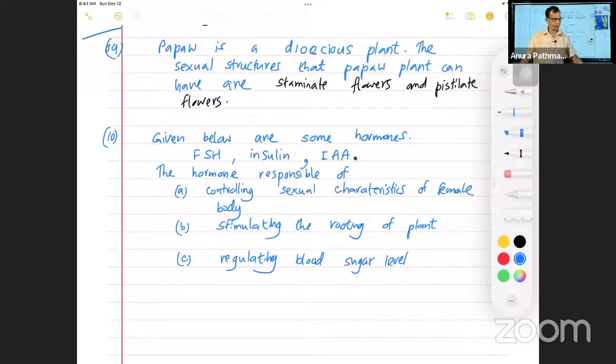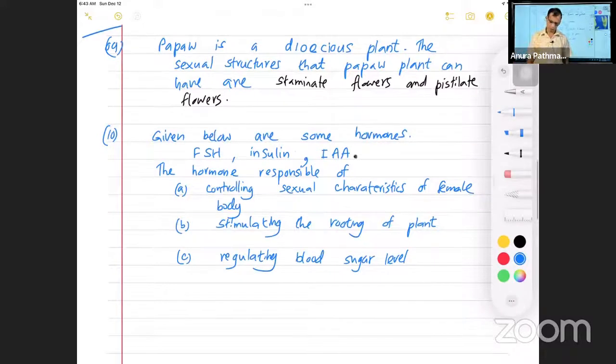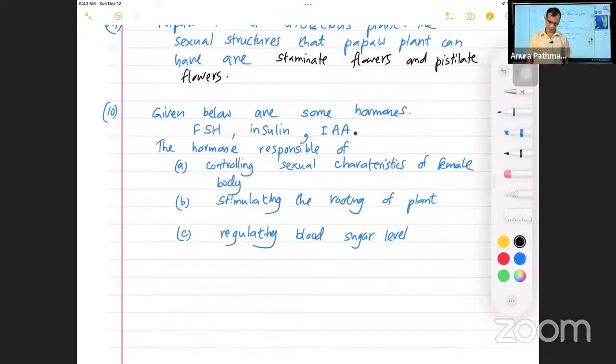Blood sugar level. What's the first one? FSH. Second one, IAA. Third one, insulin. Yes.